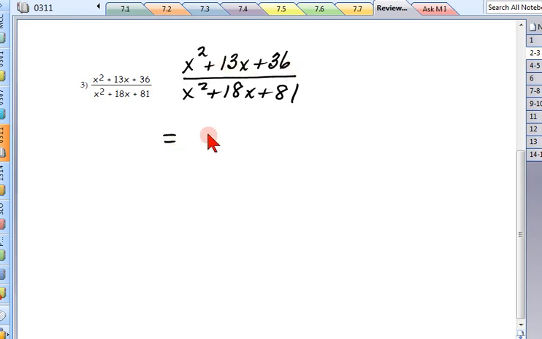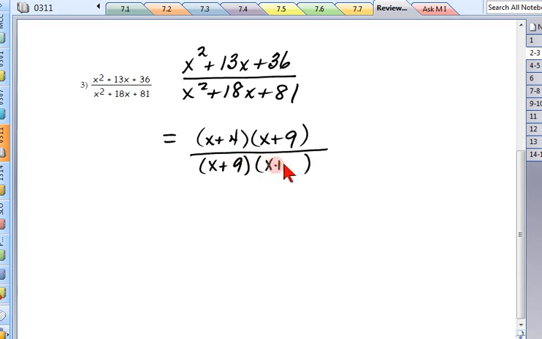So the numerator is a trinomial. I'm going to get an x plus 4 and an x plus 9. The denominator is a trinomial, and maybe somebody recognizes that it is a perfect square trinomial, but if you didn't, it's okay. It's x plus 9 times x plus 9.